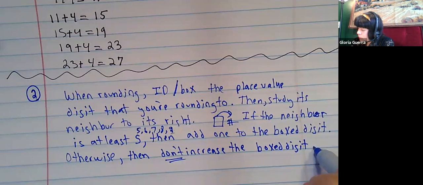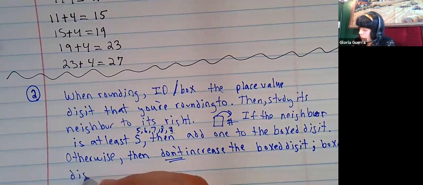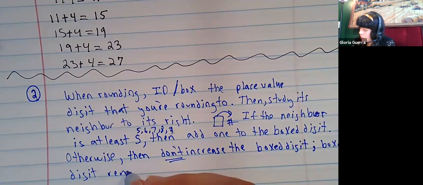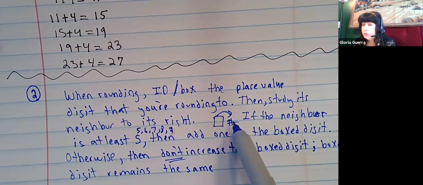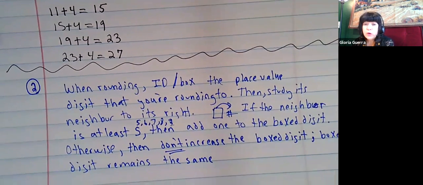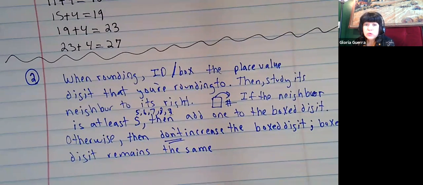Okay, so the box digit remains the same if your neighbor is a 4, a 3, a 2, a 1, or a 0.